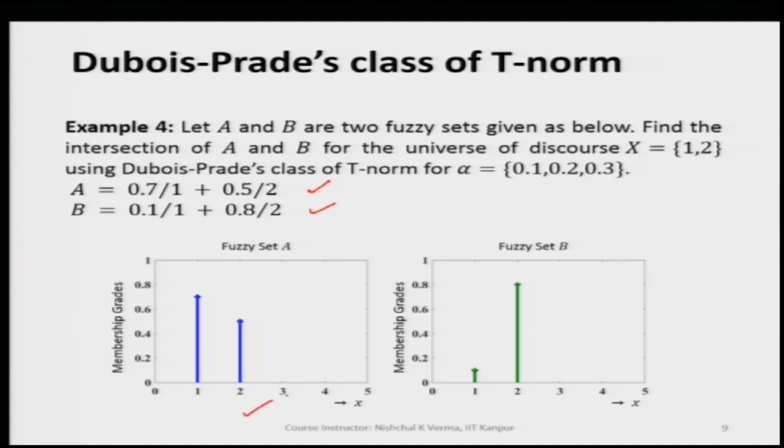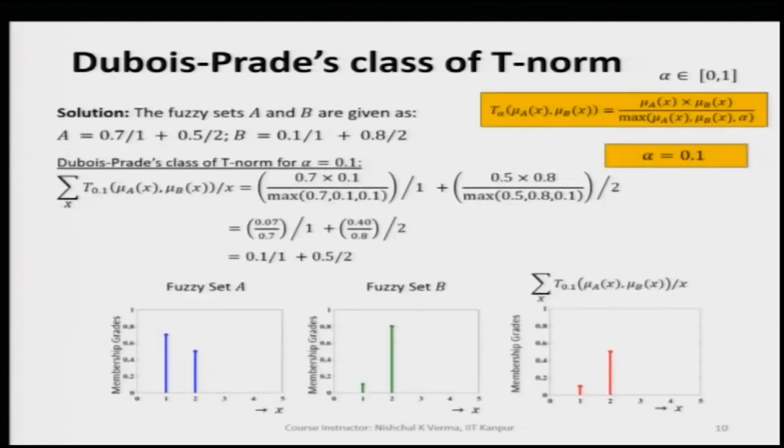So, if we take two fuzzy sets as shown here in these two plots, these are the discrete fuzzy sets A and B. A is this fuzzy set and B is this fuzzy set, and when we use the formula that I have already discussed, T alpha of mu A of x and mu B of x gives us mu A x into mu B x over max of mu A x, mu B x and alpha.